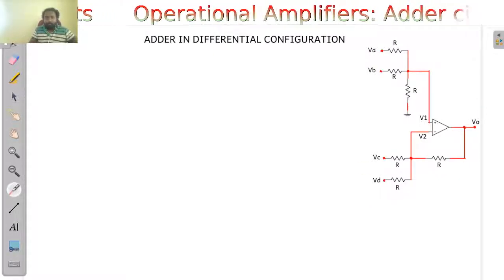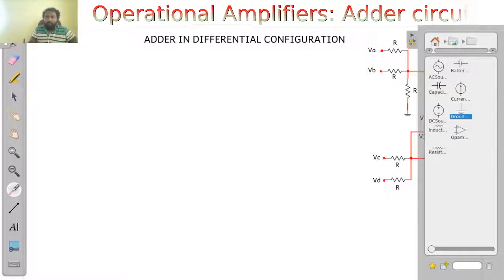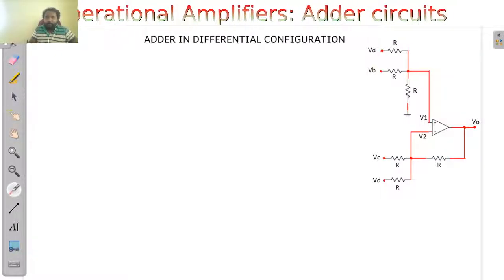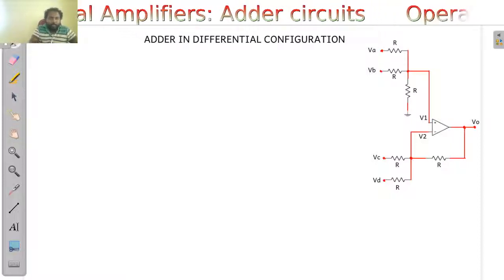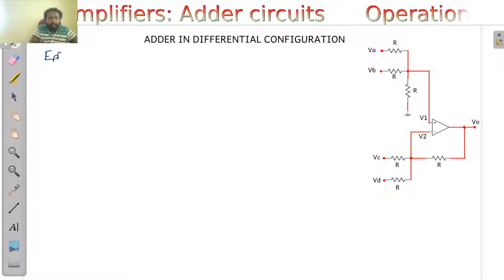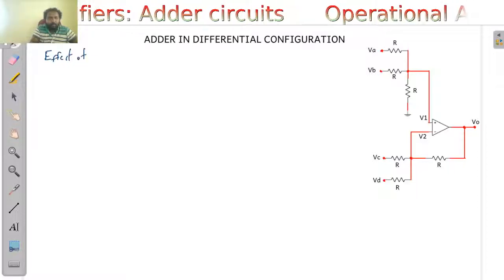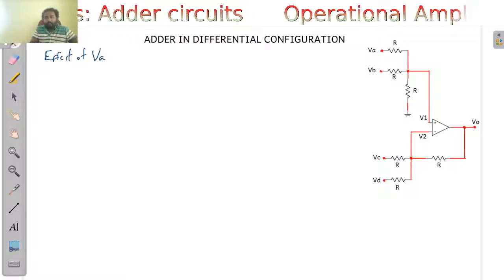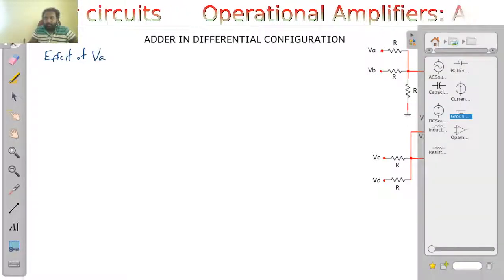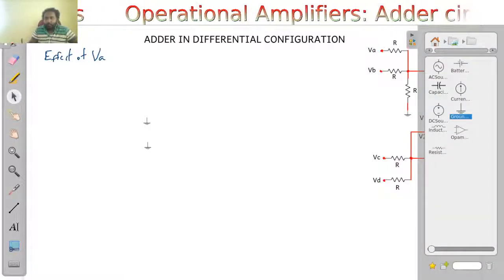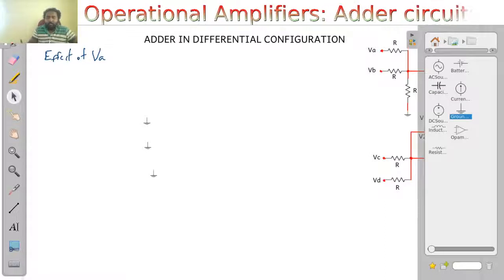So we are going to find out the effect of VA on the output. In order to find out the effect of VA, we need to ground the other voltage sources.